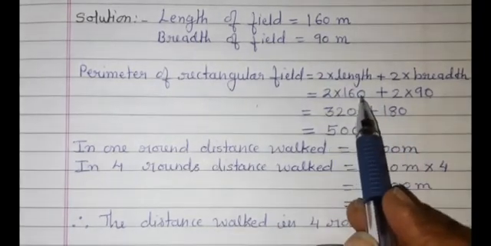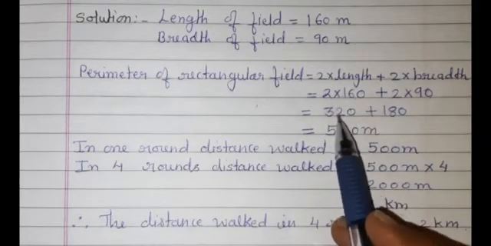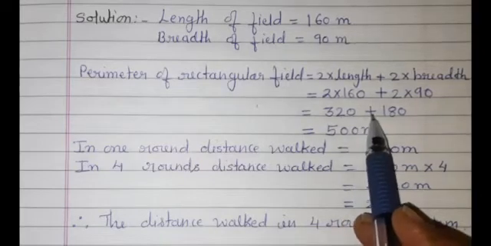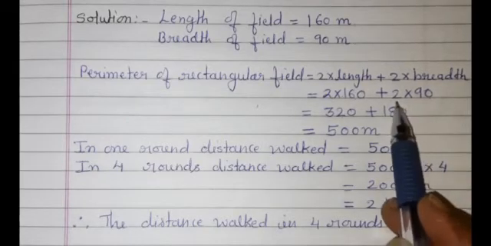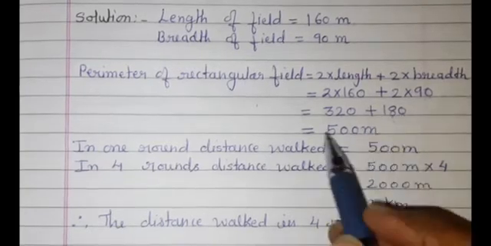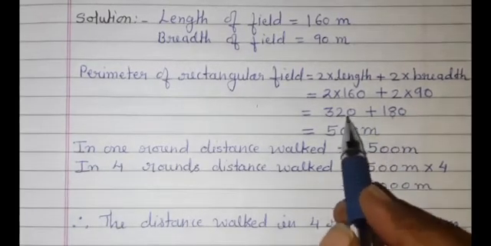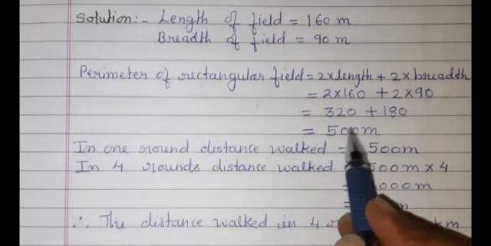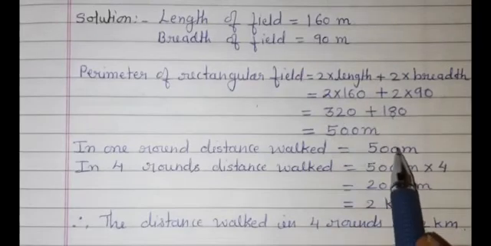Now 2 multiplied with 160, 0 write as it is, and 16 2s are 32. So here is 320 plus. Now multiply 90 by 2, 0 write as it is, and 2 9s are 18. So here is 180. Now make the addition. 320 plus 180 is equal to 500, and the unit is meter, so write meter.